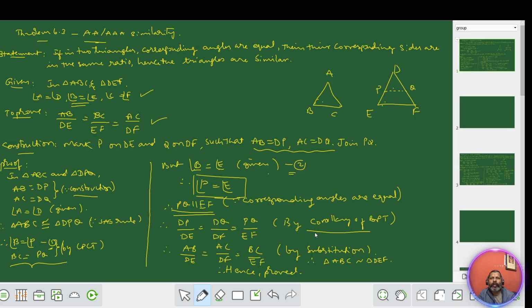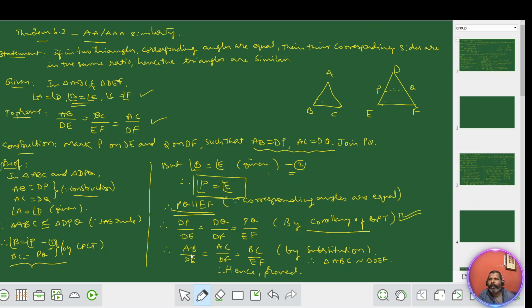Once we have this statement, we can substitute instead of DP, AB, because of construction, instead of DQ, AC, because of construction, and instead of PQ, BC. Just now we proved BC equal to PQ.